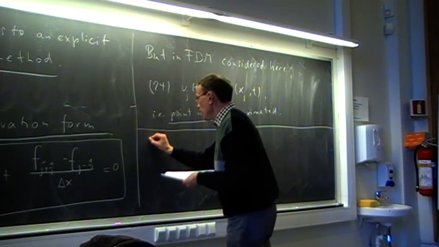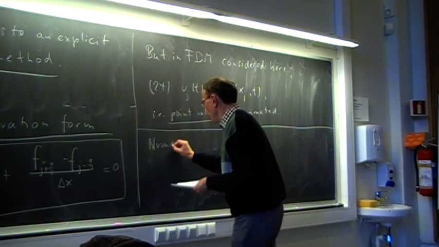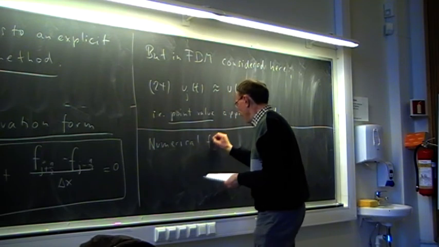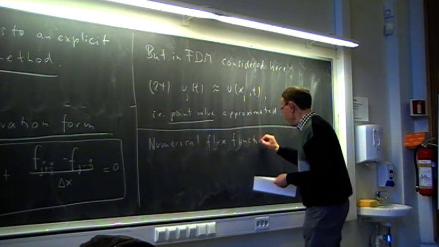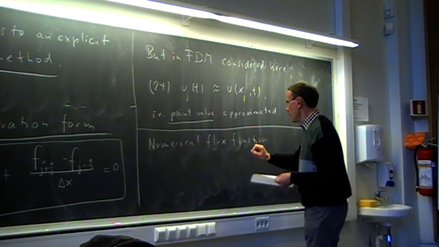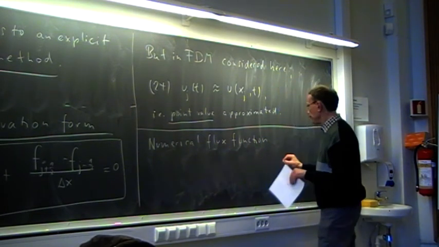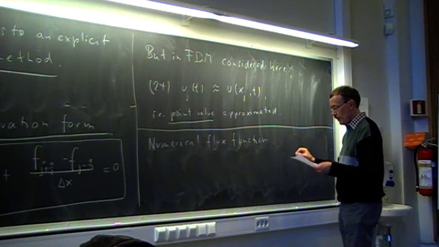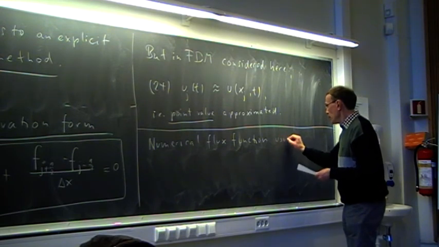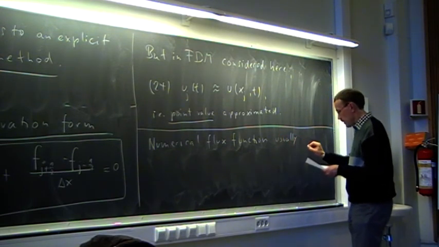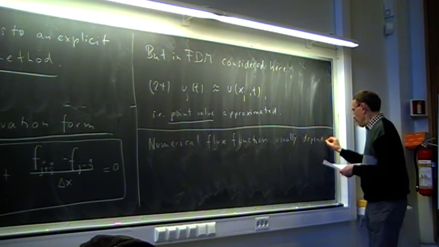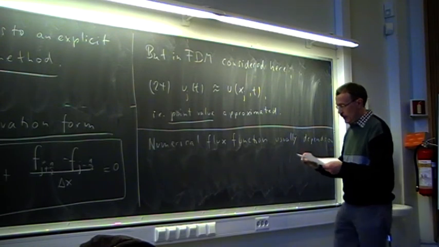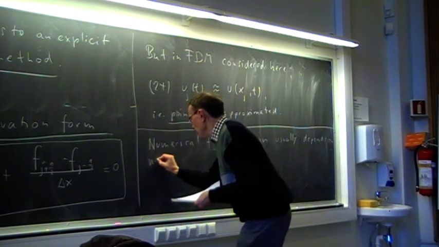So the numerical flux function usually depends on next neighbors.